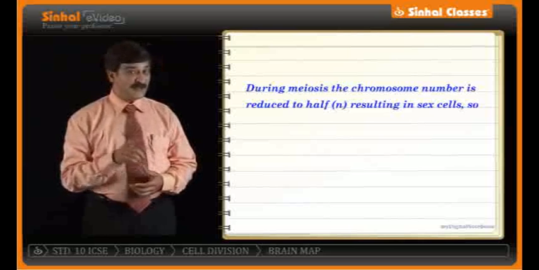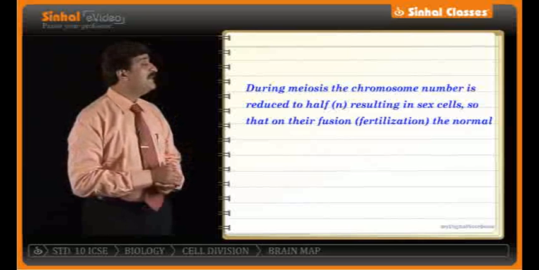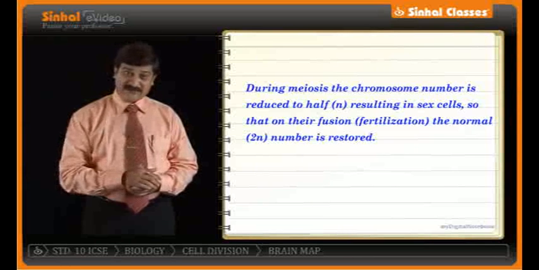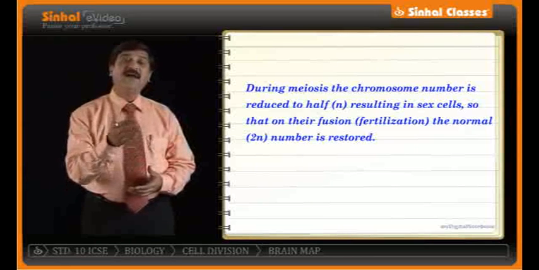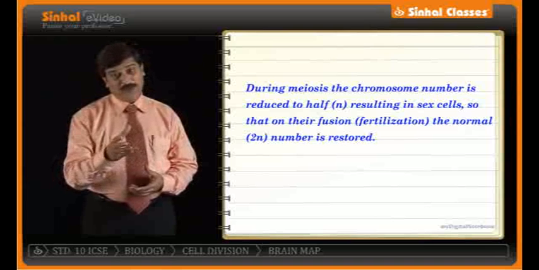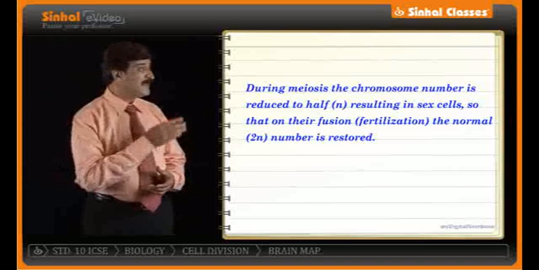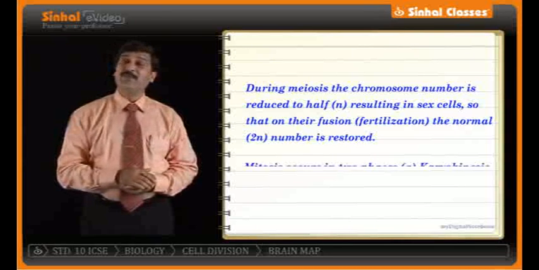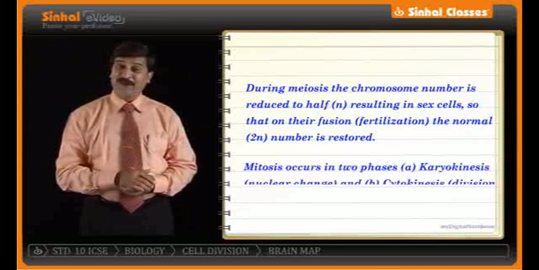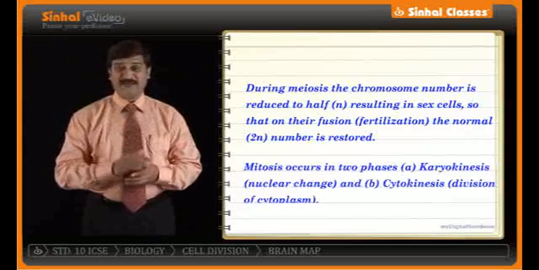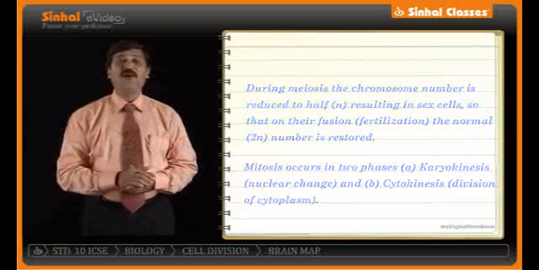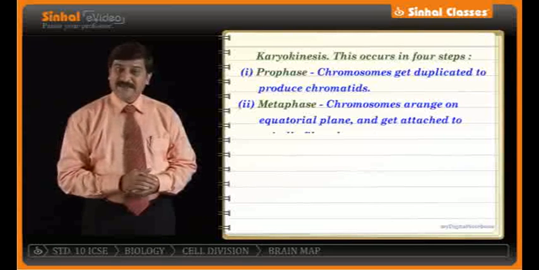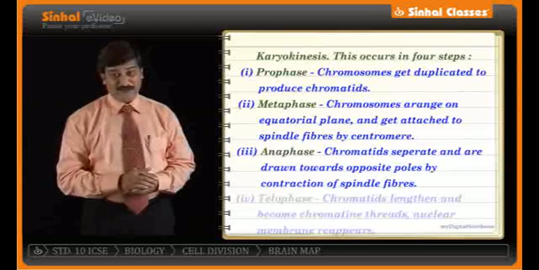And how do we represent that? With a small n. Further, we say that this is the half number, which on fertilization, that is n and n, the gametes from meiosis coming together, results in 2n. Mitosis has two main phases: karyokinesis and cytokinesis. The phases of karyokinesis are prophase, metaphase, anaphase and telophase.